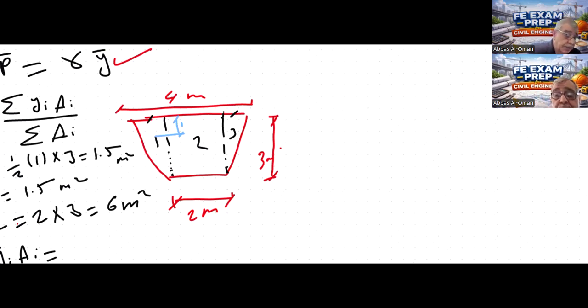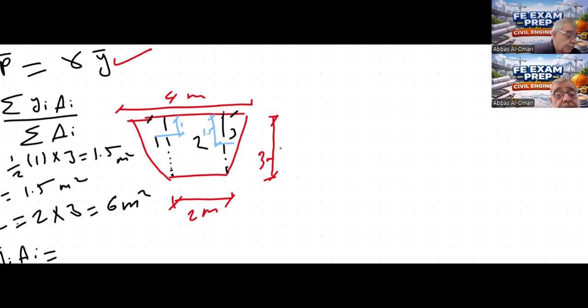So y bar for the two triangles is 3, which is 1 plus 2. And for the rectangle, which is 3 tall, the centroid is 1.5 from the top of the gate, plus 2, so it is 3.5 from the water surface, which is our reference.